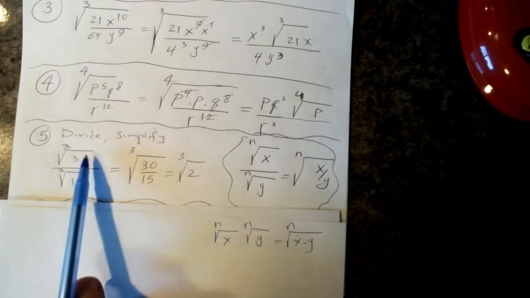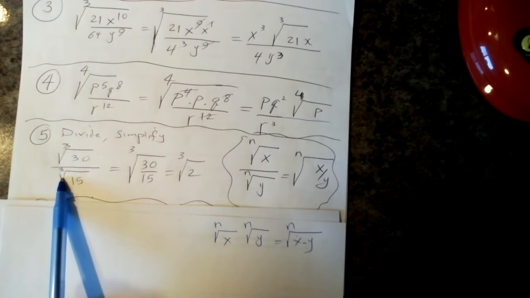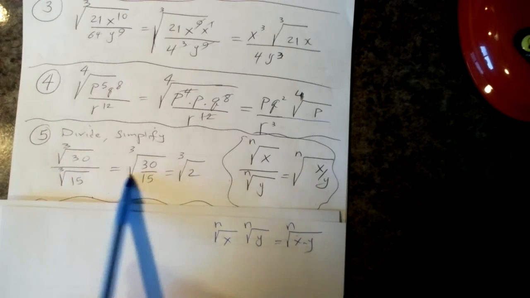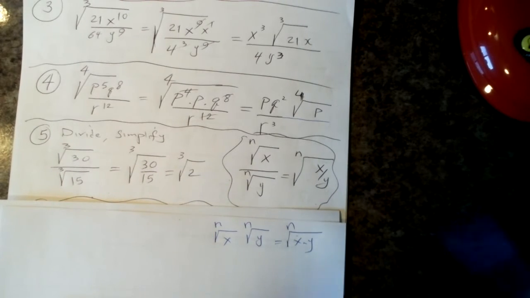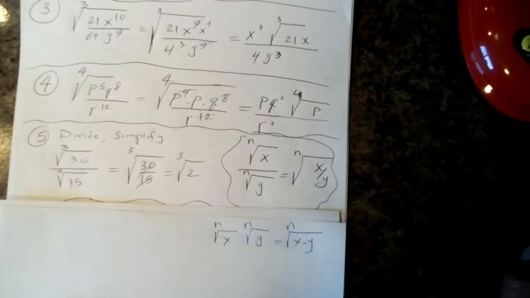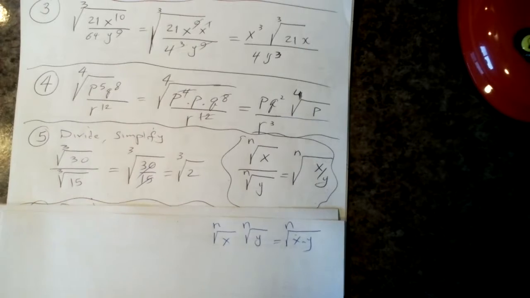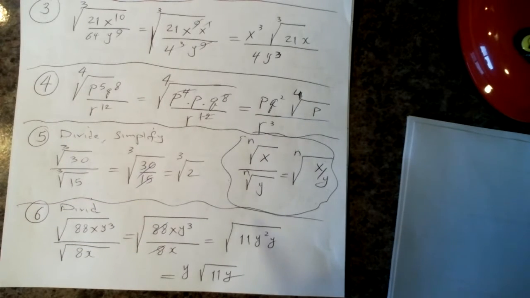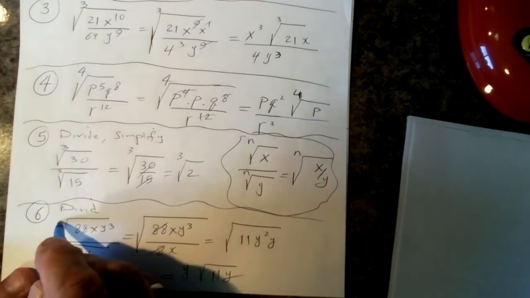So in that case, I have cubic root and cubic root. I just combine into one, and under that, divide these two. And then 15 goes into 30 is 2. Both radicals have power of 2.